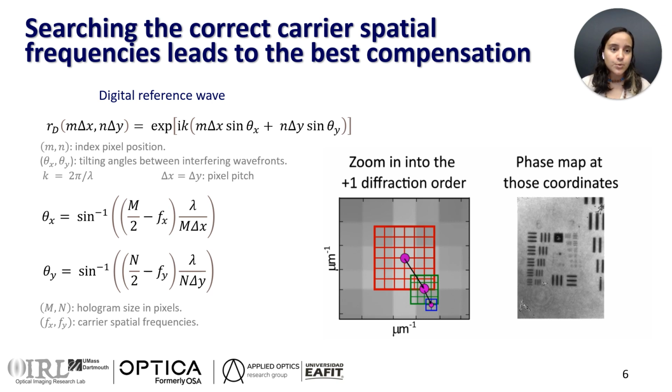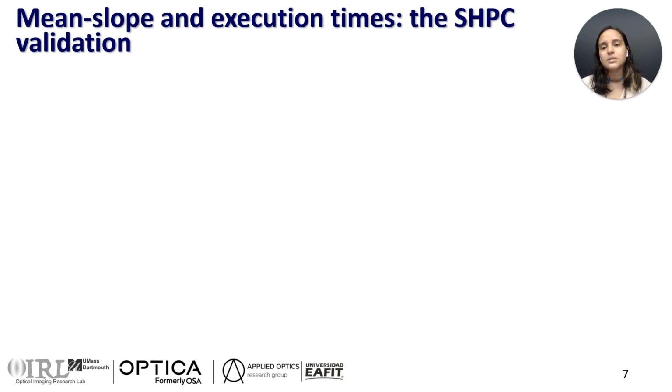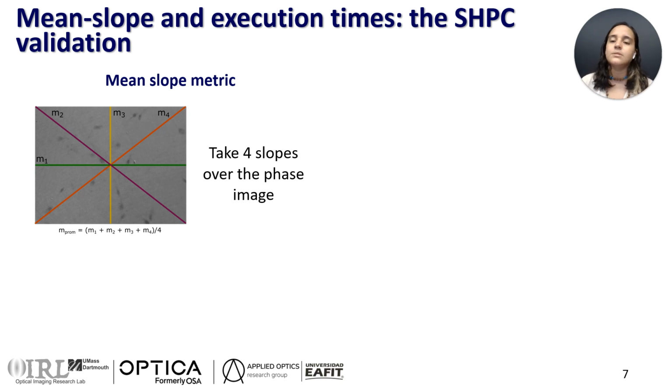So let's keep going to the experimental results. This first one is a video of red blood cells that are compensated at 4 frames per second. As you can see in this first graphic, we have a mean slope on the order of milliradians, which is approximately zero. So we can conclude that we have a flat compensation, which is pretty good.